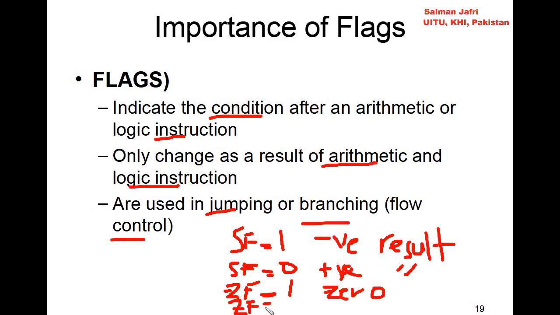So there are a lot of flags, and they are usually used to indicate the result of an arithmetic and logic instruction. The general approach to branching in assembly language is to use the flags.